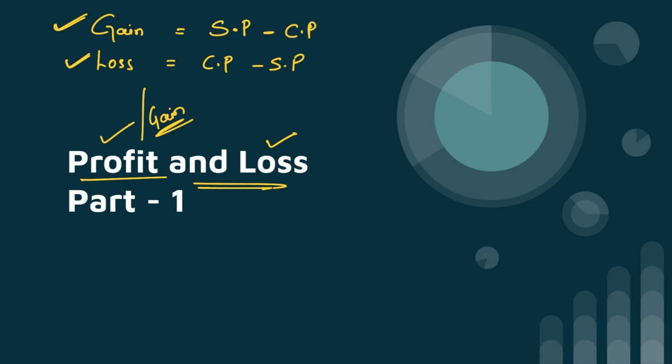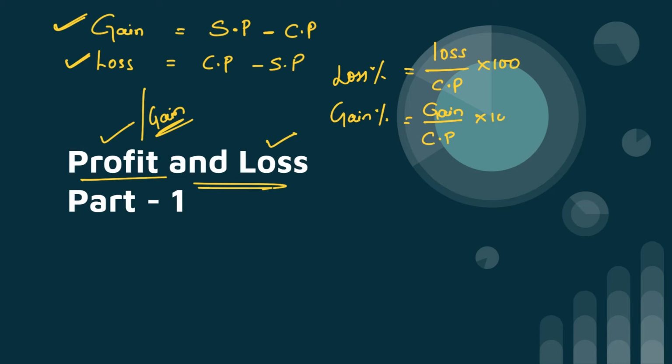So you should find the loss percent or gain percent. How will you find loss percentage and gain percentage? Loss percentage is nothing but loss divided by cost price into 100, and gain percentage is nothing but gain divided by cost price into 100.